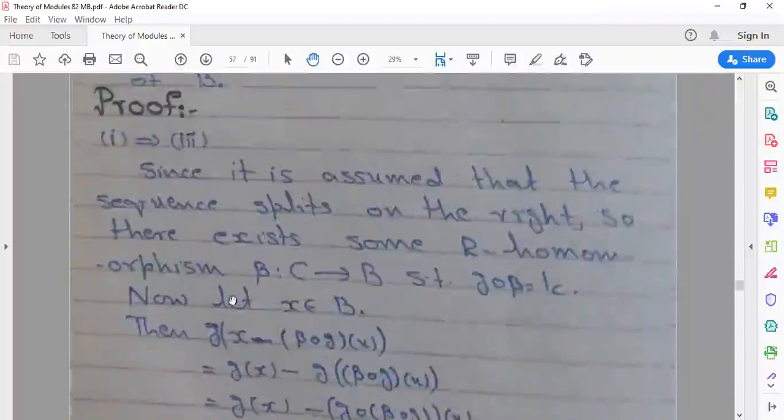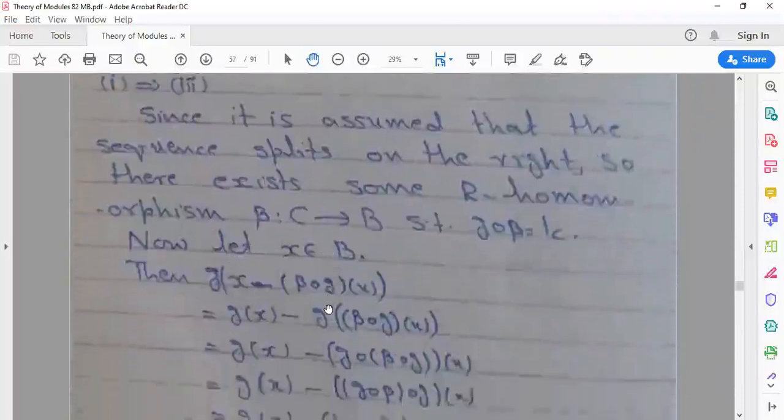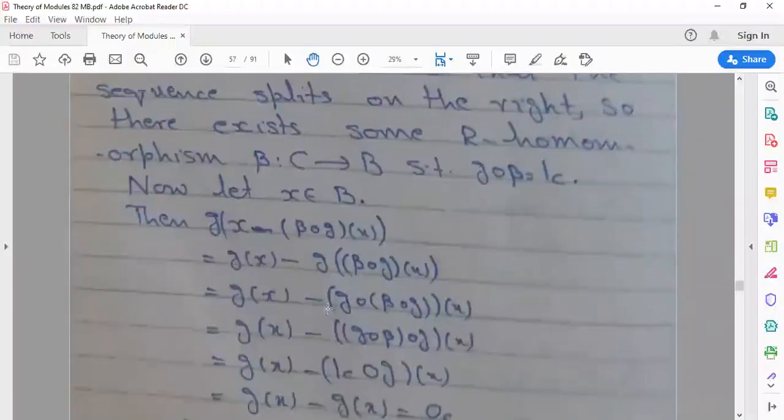let X belong to B. Let's consider G of X. We can also write G of X minus X, but here we write identity.